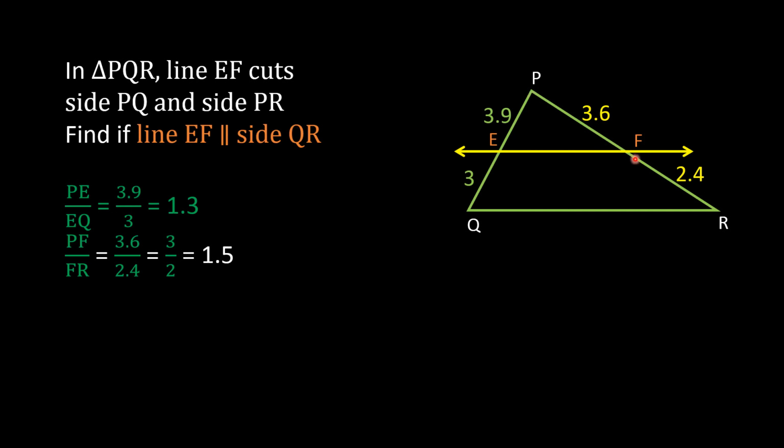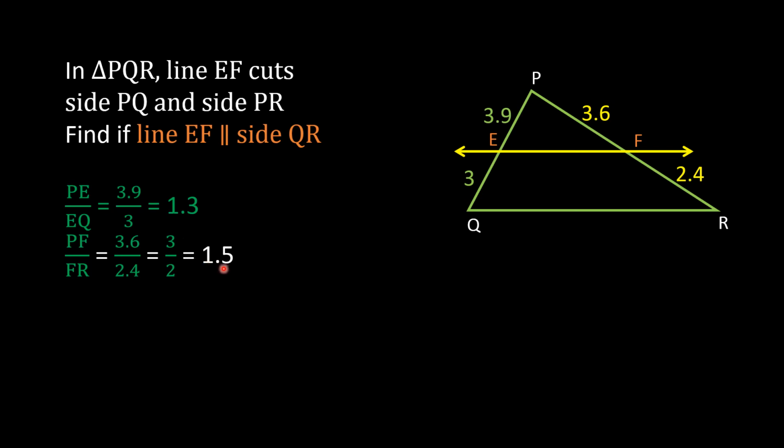And PF divided by FR is 3.6 divided by 2.4. 12 twos are 24 and 12 threes are 36. And 3 divided by 2 is 1.5.